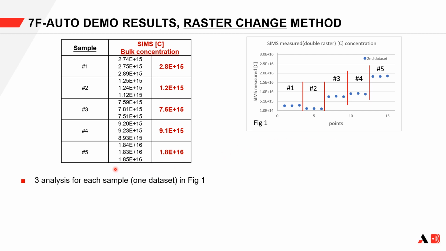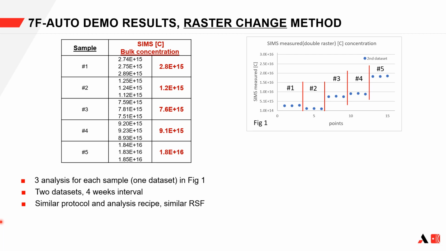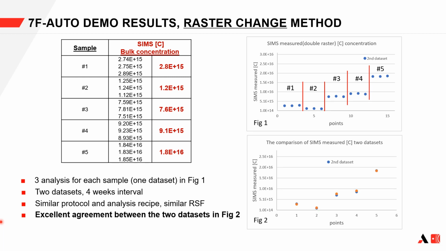The data table shows a very good reproducibility for each sample. This test was repeated twice with a 4 weeks interval between two datasets. Similar protocols and recipes were applied, and a similar RSF was obtained. As we see in Figure 2, an excellent agreement is obtained between two datasets.